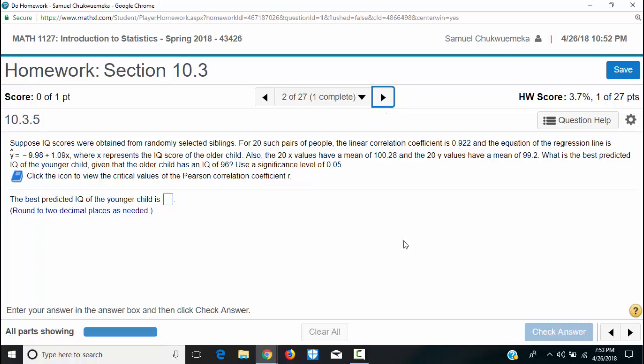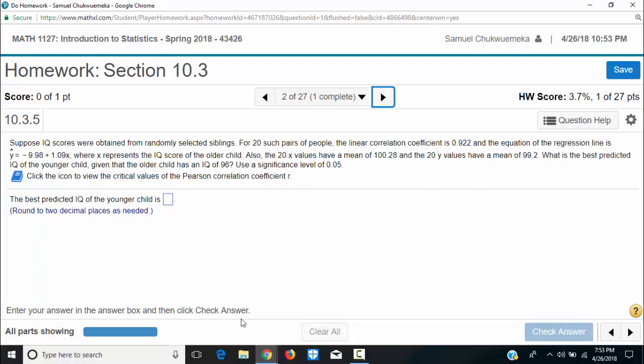Question 2. Suppose IQ scores were obtained from randomly selected siblings. For 20 such pairs of people, the linear correlation coefficient is 0.922, and the equation of the regression line is y hat equals negative 9.98 plus 1.09x, where x represents the IQ score of the older child.